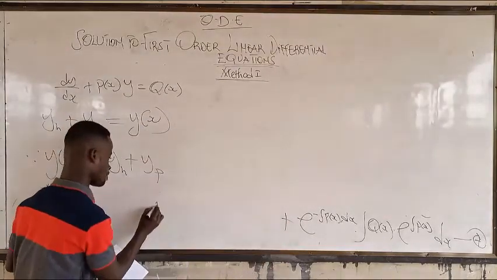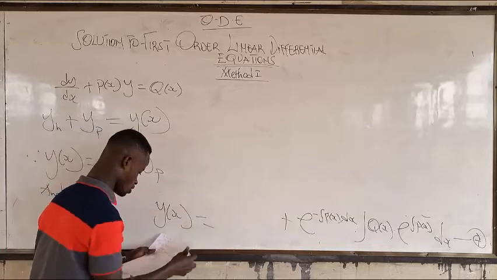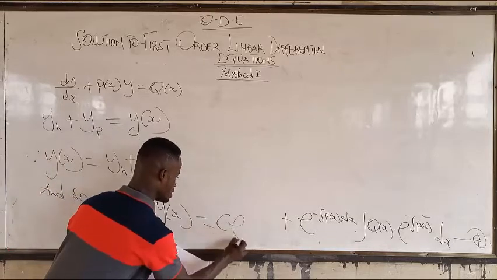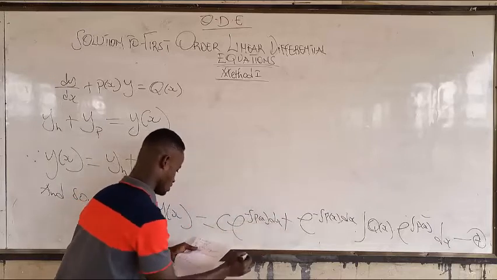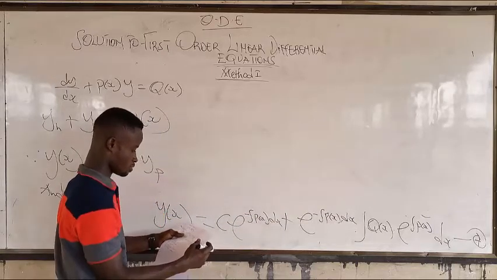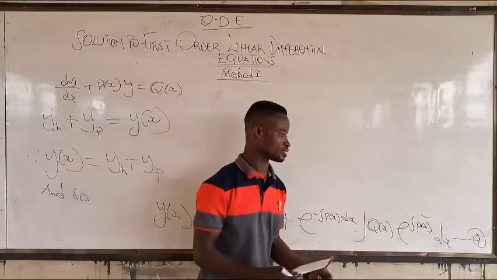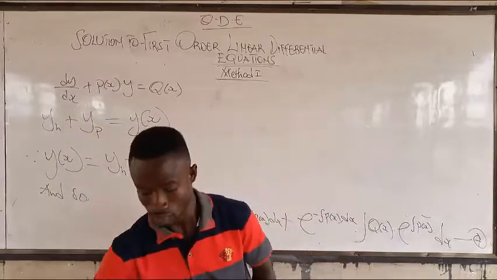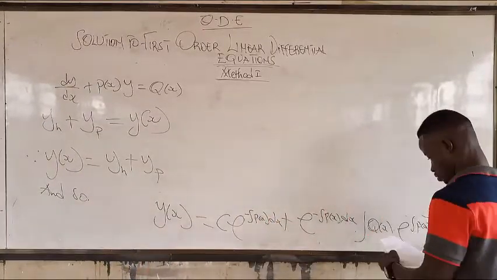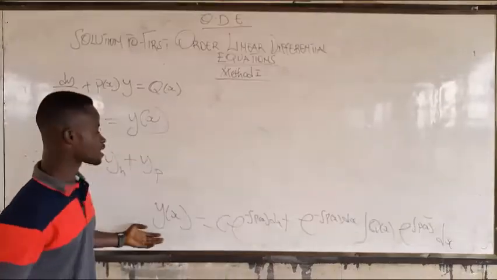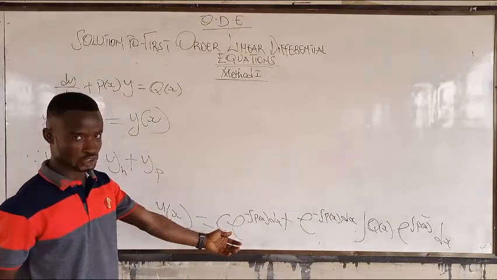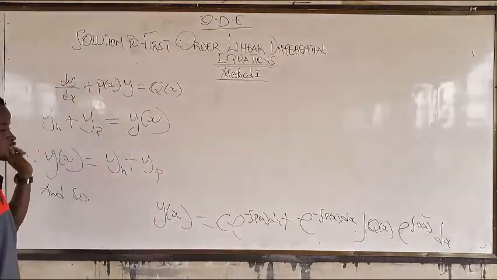So y of x is going to be equal to c e raised to the power negative integral of P of x dx, plus that. Alright, so this becomes the general solution for the non-homogeneous equation.